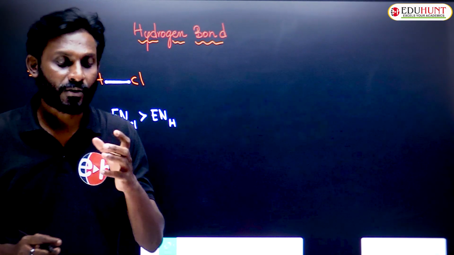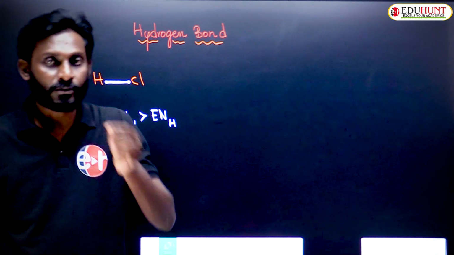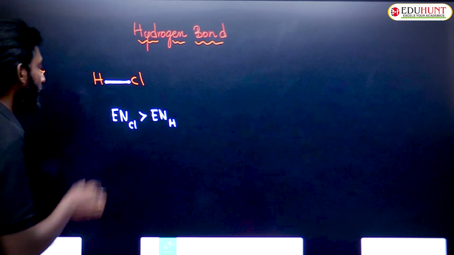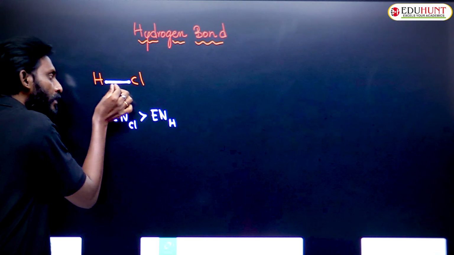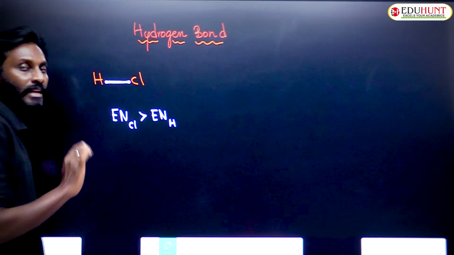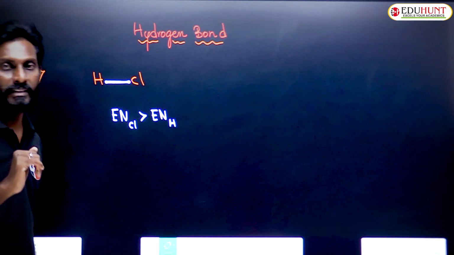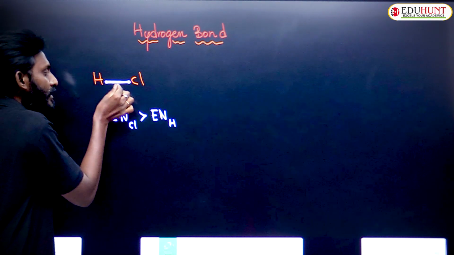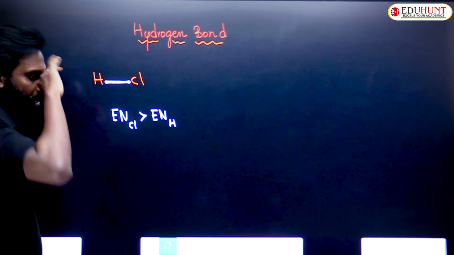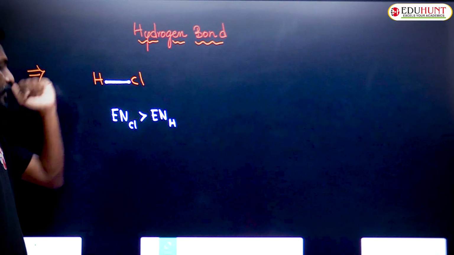Electronegativity is the tendency to attract the shared pair towards itself. Hydrogen has its own tendency, or chlorine has its own tendency, to attract this pair towards itself, and that is electronegativity, which is more for chlorine.